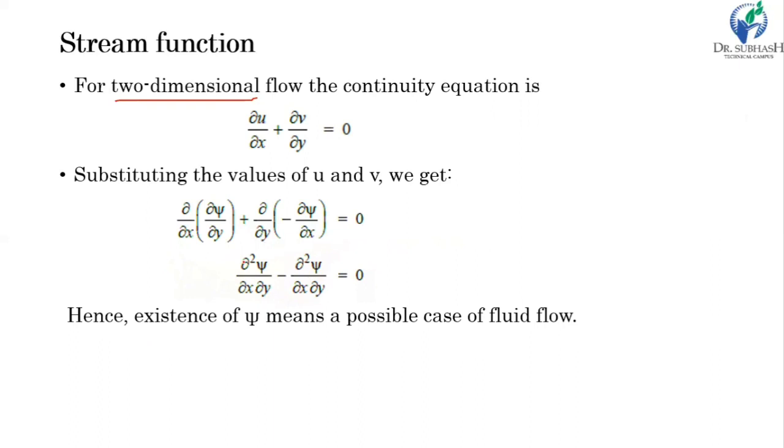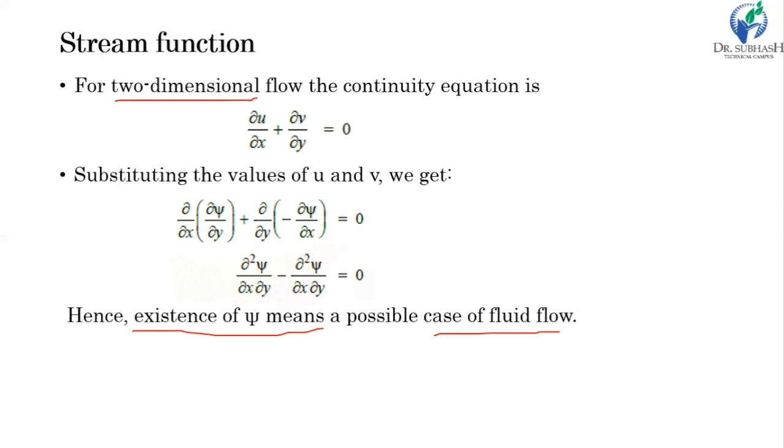So it is the second derivative of psi with respect to del x del y minus the second derivative of psi with respect to del x del y equal to 0. And hence the existence of psi means a possible case of fluid flow. So the stream function will also indicate some type of possible fluid flow.